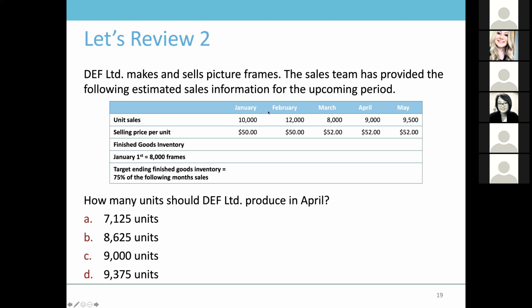Okay, so Hussein, how did you get a D? How did you get the number 9,375? I tried to do it the same way that you did it, like with changing the numbers.